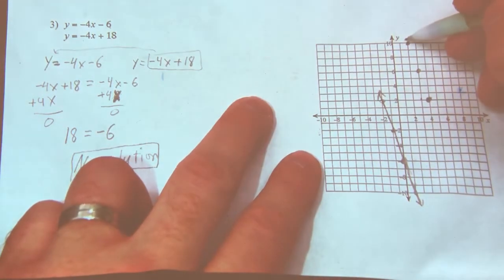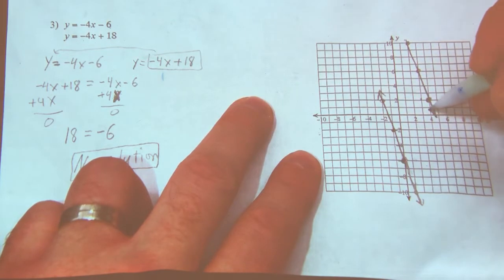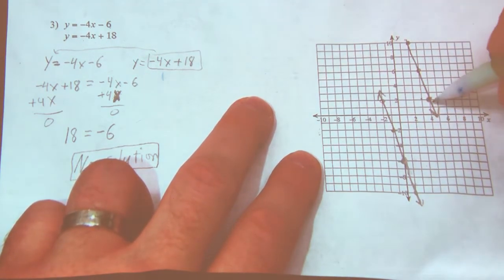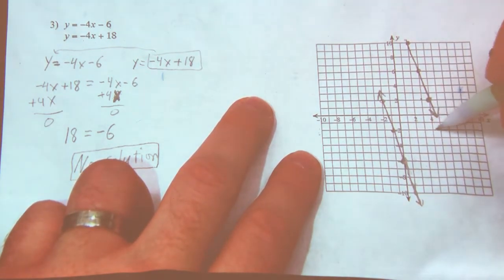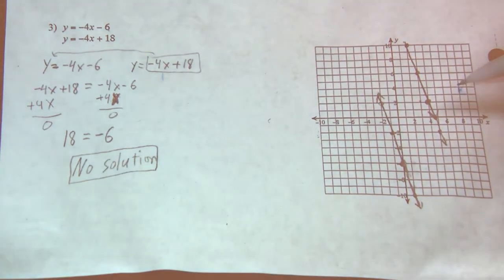So we can see that these lines are moving in the same direction because they have the same slope, which means they will never cross. They're parallel. They'll never cross. That's why the system has no solution.